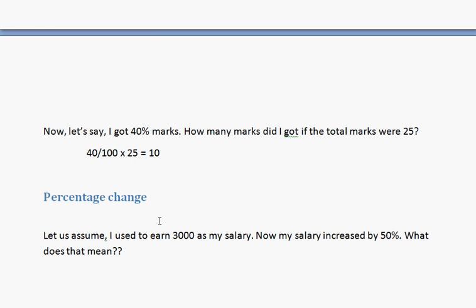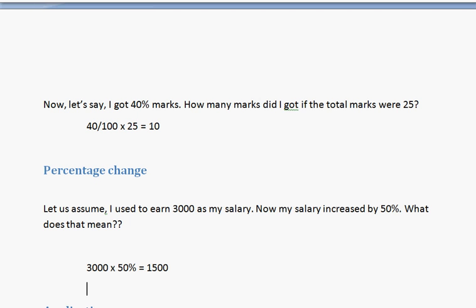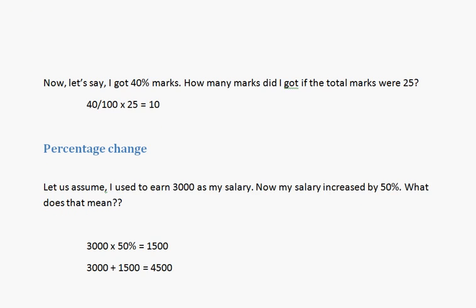This means that my salary initially was 3000. Now it has increased by 50%, so it has increased by what? 1500 rupees. So my new salary would be 3000 plus 1500, which means 4500, right?